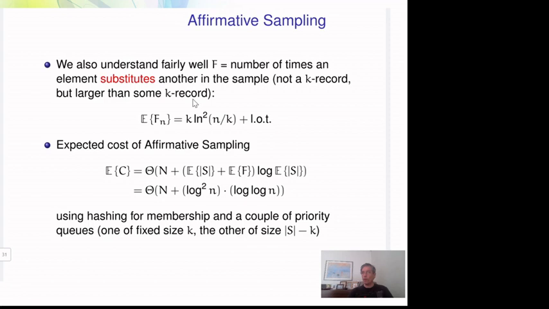We also know well how the number of times that those replacements happen, where an element in the sample gets kicked out and another one enters the sample, but the sample does not grow.